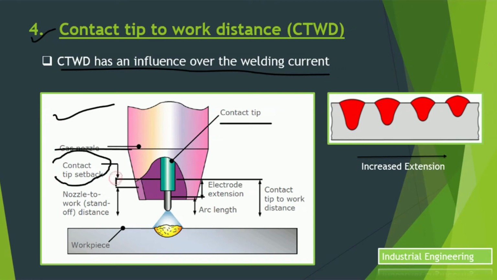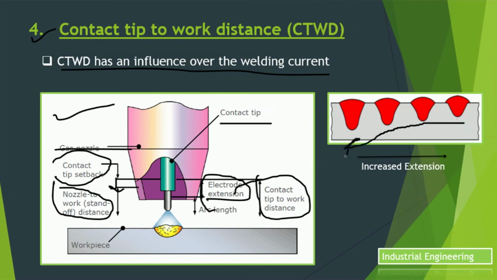This is the distance: nozzle to workpiece distance, contact tip to workpiece distance, and the most important one, electrode extension. The welding current required to melt the electrode at the required rate to match the wire feed speed reduces as the CTW is increased. Always remember that penetration is reduced with the increase in electrode extension.